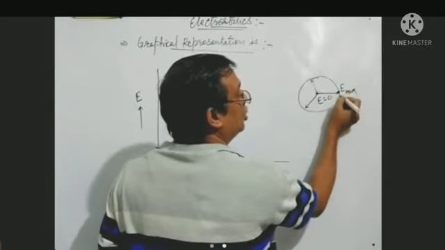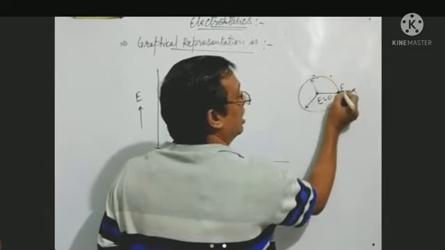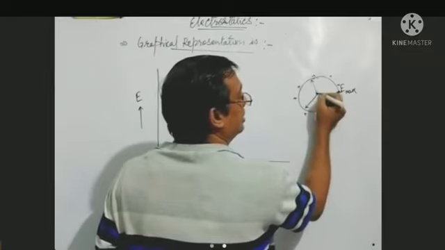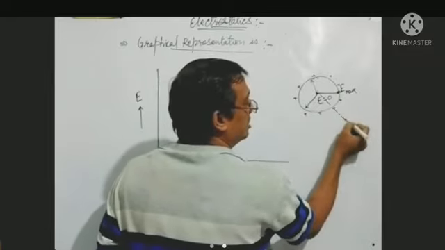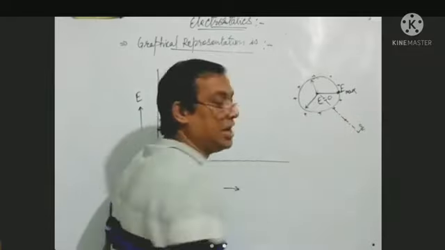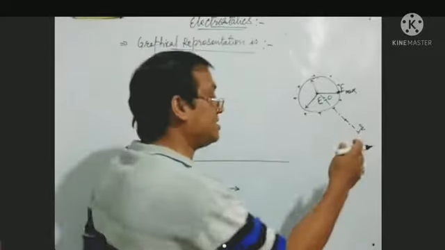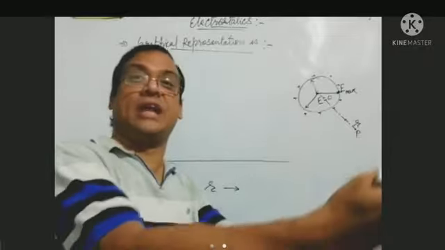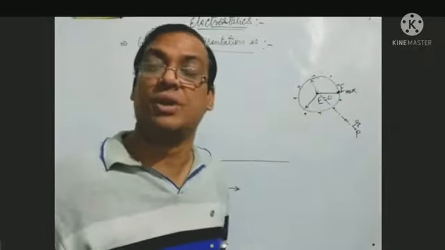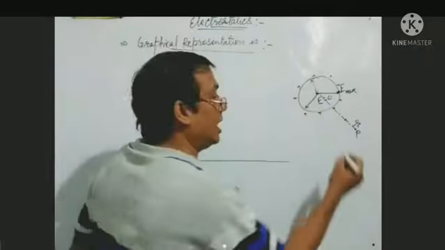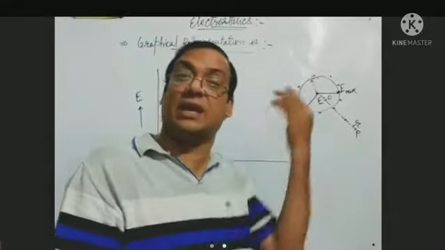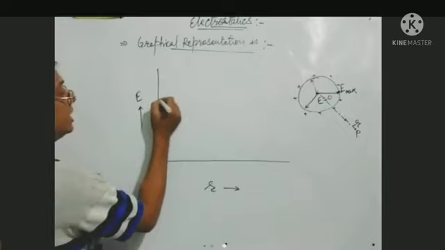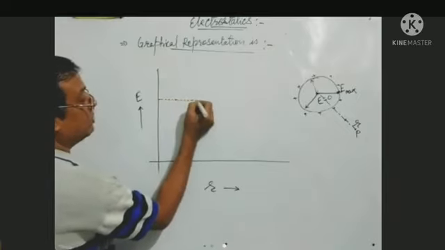But if it goes beyond the surface, it can go any distance, and that distance will be outside the spherical shell. Therefore, here electric field will be gradually decreasing, and we get the graph likewise.